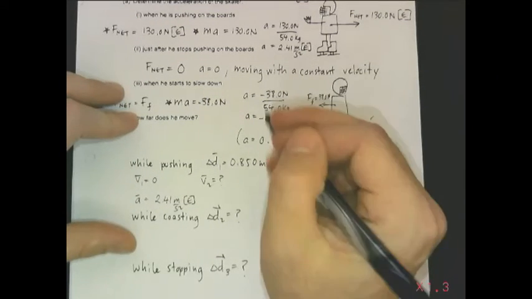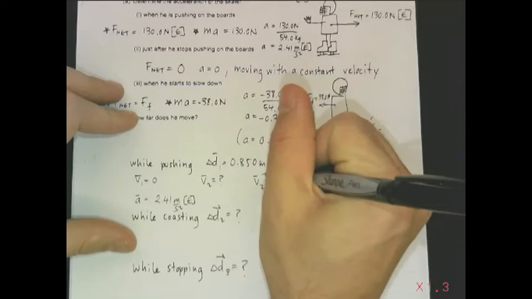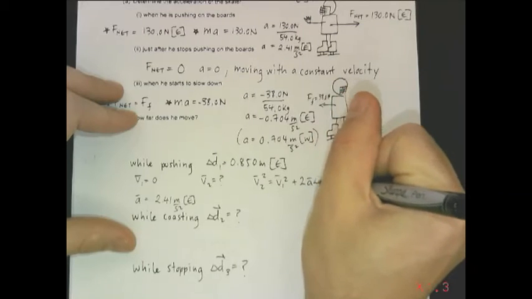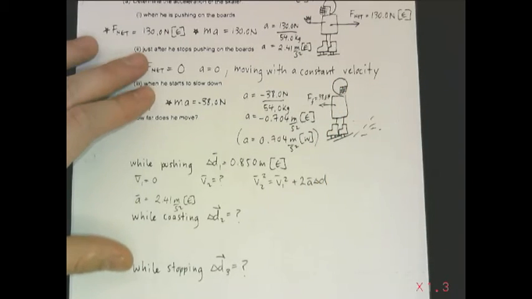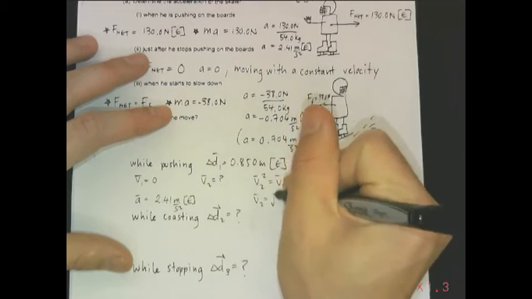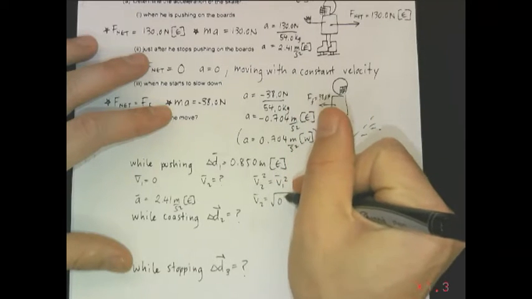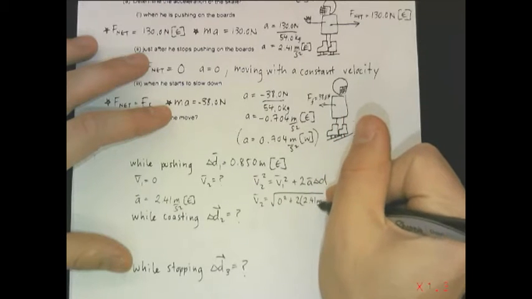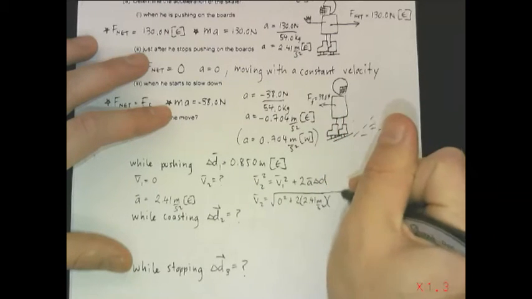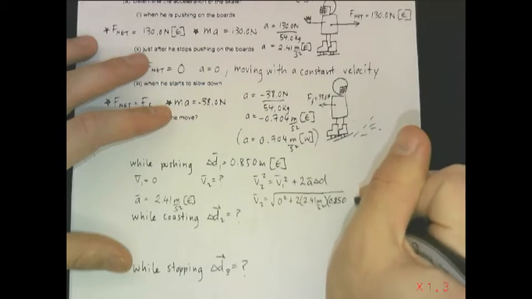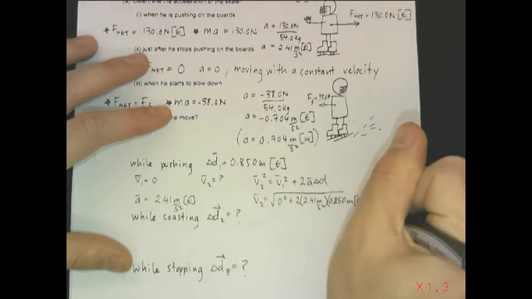So we're going to use the equation V2 squared equals V1 squared plus 2A delta D. So V2 is equal to the square root of 0 squared plus 2 times 2.41 meters per second squared times 0.850 meters east.